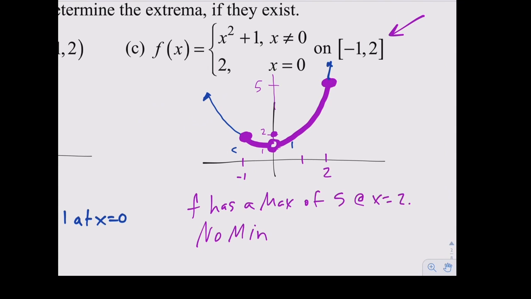And again, it's for the same reason as the previous where there was no max. We took the old y value away that was at the vertex, at the bottom there, and we took it away. So now from both sides, you can get infinitely close to y equals 1, but you don't ever get to a definitive y value that can say there is nothing lower than I am. So there is no min.